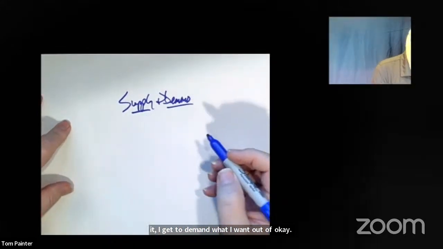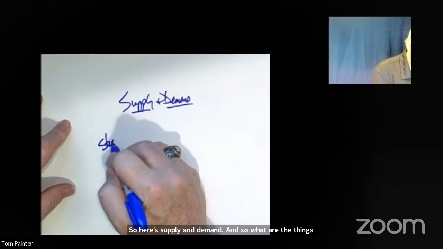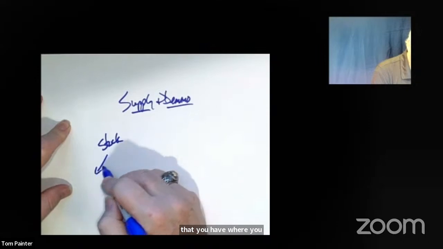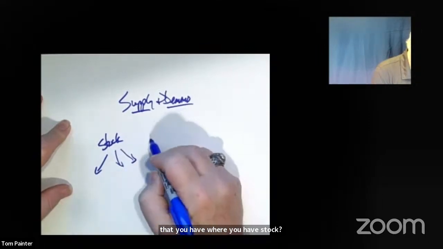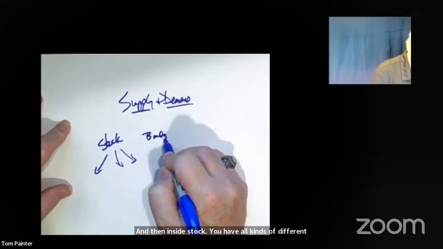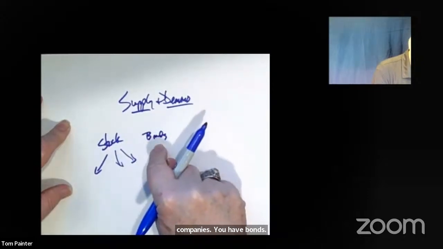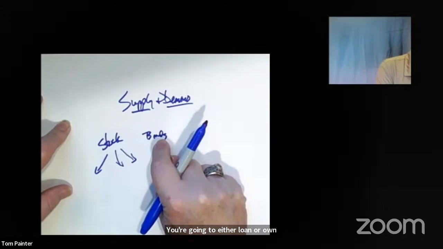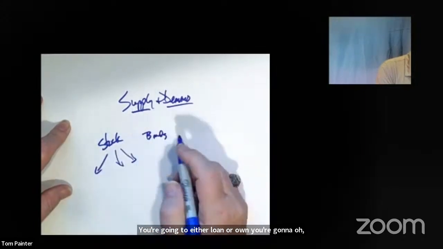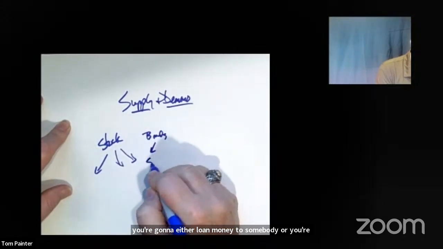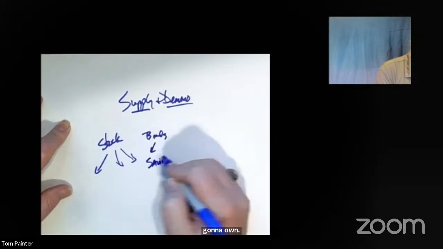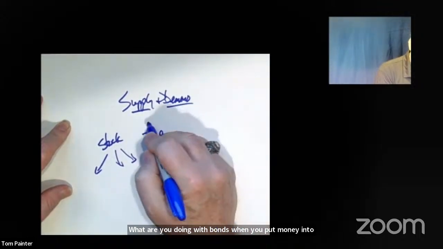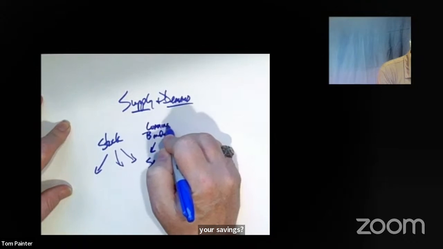And so what are the things that you have? Well, you have stock, and inside stock you have all kinds of different companies. You have bonds. You're either going to loan money to somebody or you're going to own. What are you doing with bonds? When you put money into your savings account, you are loaning money to the bank.